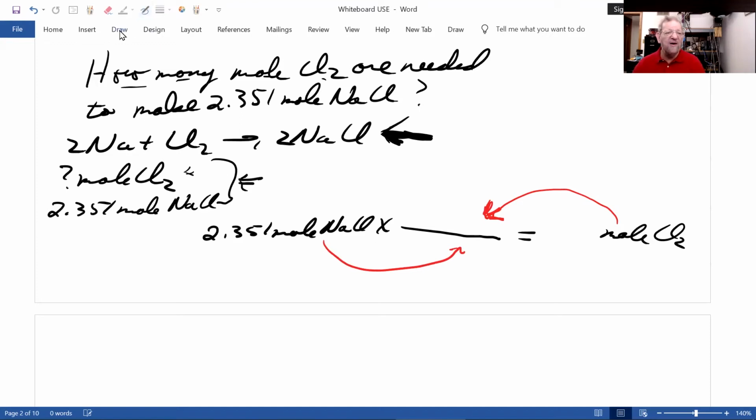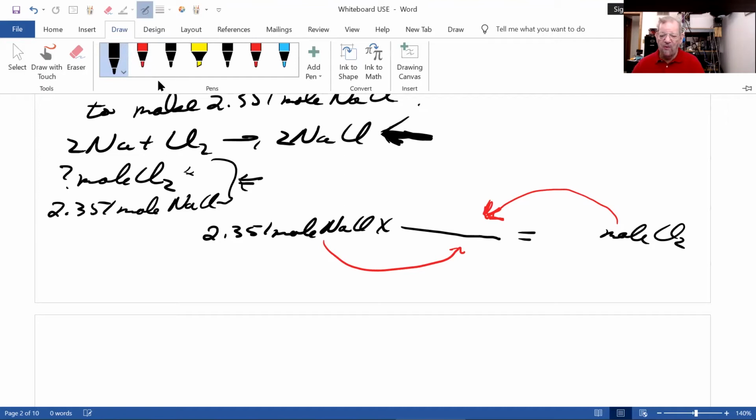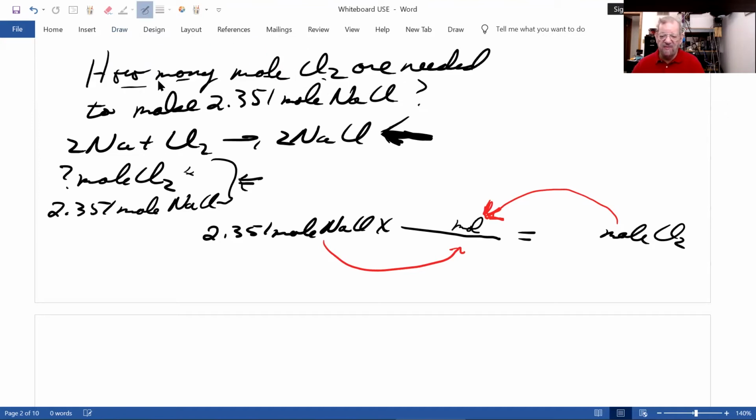So what does that mean? I want moles of chlorine on top of this ratio, and underneath, moles of NaCl, salt, or please pass the NaCl.